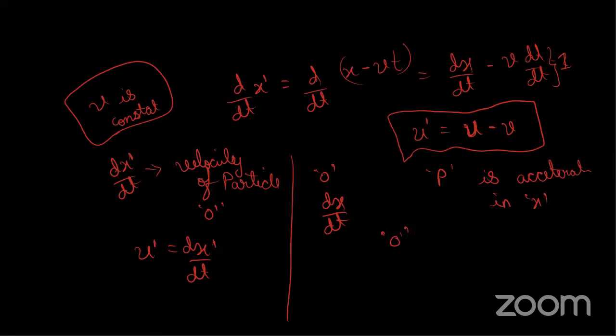For a person at reference frame O dash, the acceleration a_x is equal to du dash. Let me write u subscript x everywhere because the change is always in the x-axis in our case.